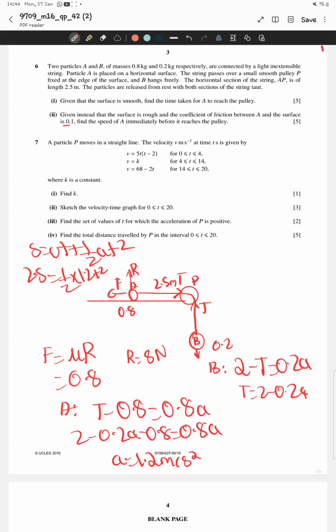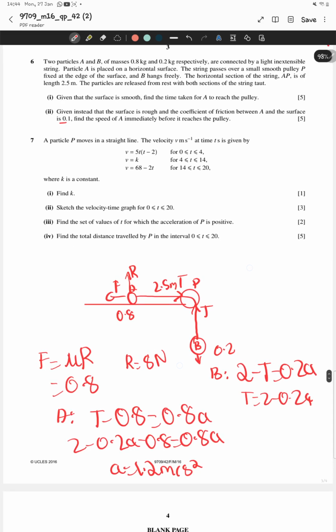Oh, sorry, we're supposed to find velocity, not time. Never mind. We're supposed to find the speed of A. Speed. So it'll just be v equals u plus, no, because we don't know time, so it'll be v squared equals u squared plus 2as.